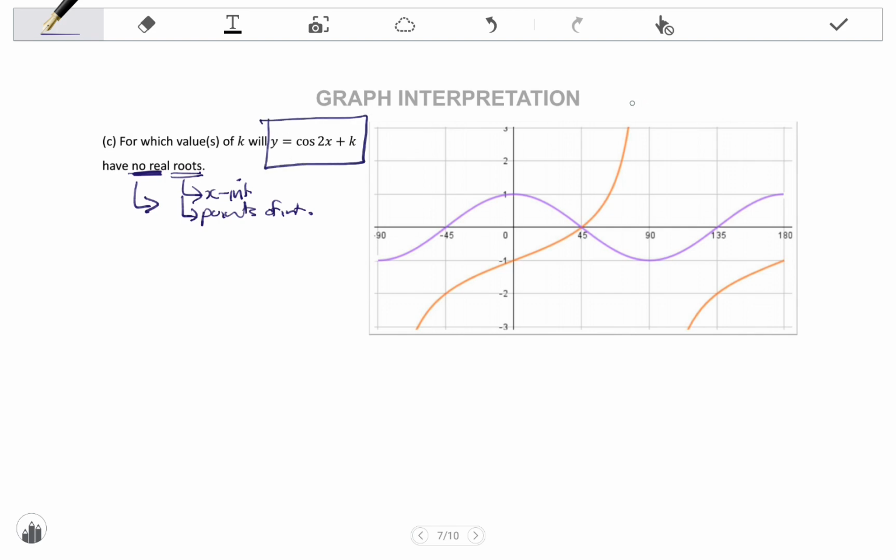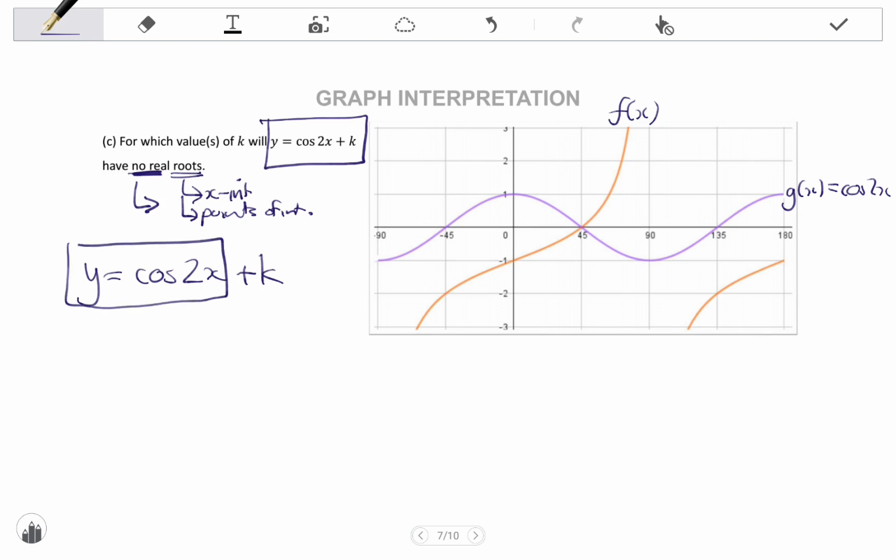Remember that we had 2 graphs here. One was f of x and it was a tan x graph, and the other was g of x equals cos 2x. So what we have within this, let me actually just write it here, y equals cos 2x plus k. What we have here is g of x, okay?